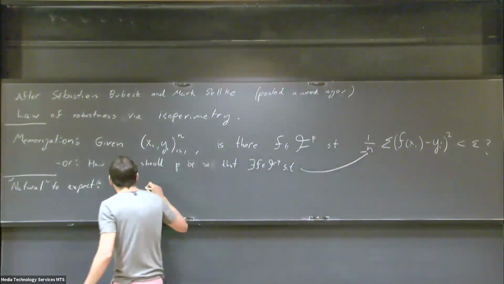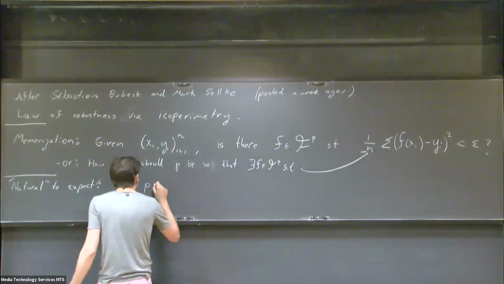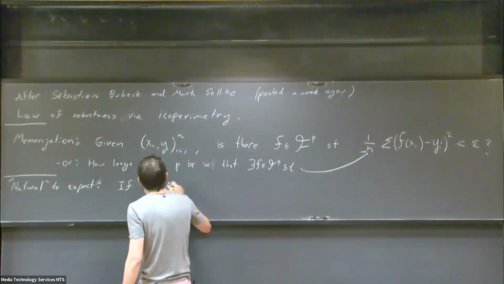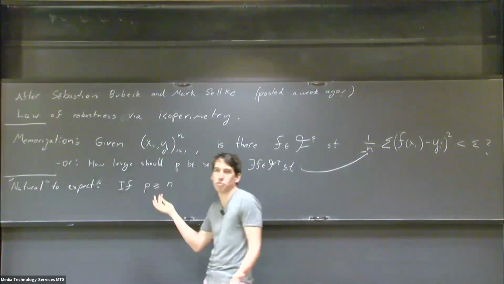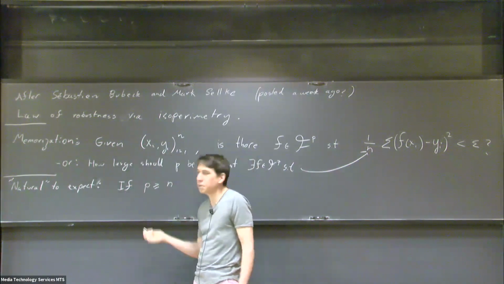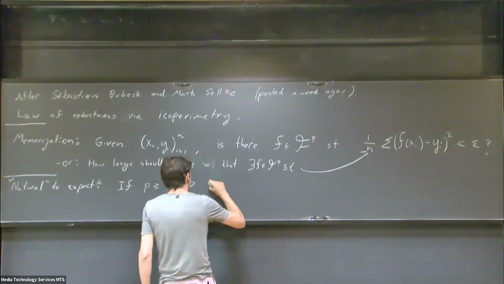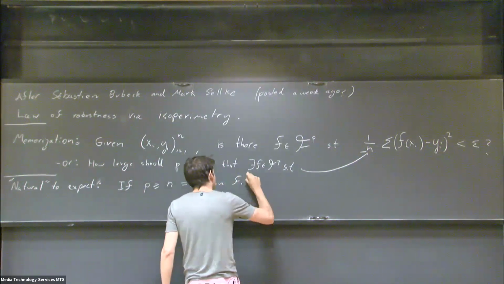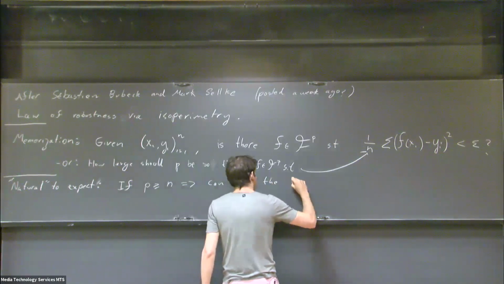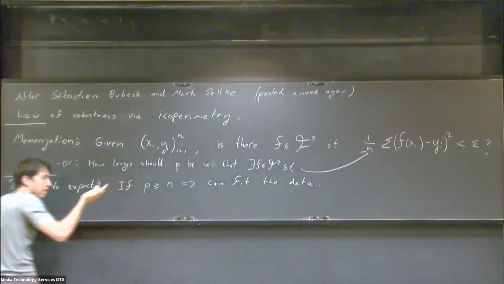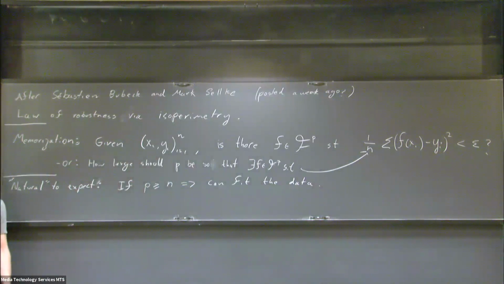If P is bigger than N, maybe N times some constant, but in general if P is bigger than N or just a bit bigger, then we can fit the data, just by counting degrees of freedom. Of course, I said nothing yet. But the other direction is more obvious. If P is much smaller than N, it probably cannot.